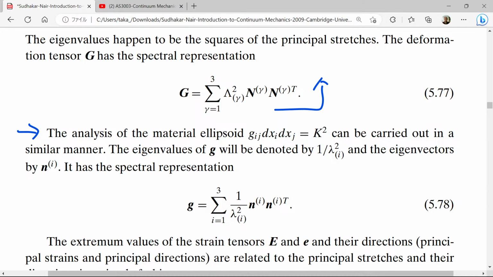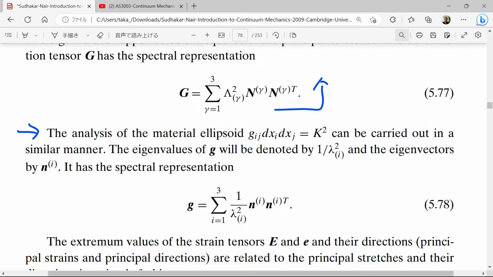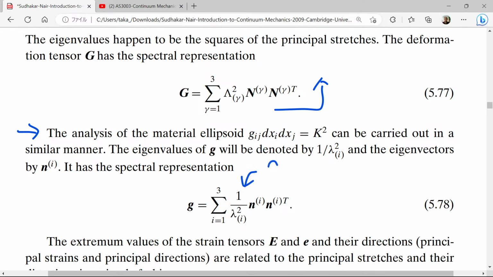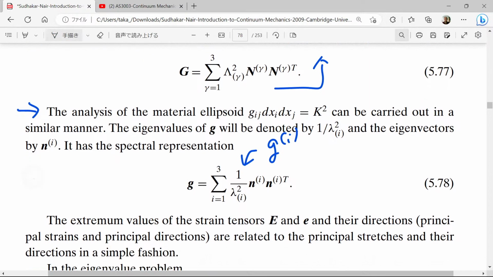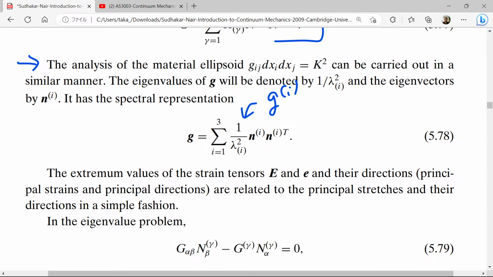In this case we should use i, j, k instead of alpha, beta, gamma. So anyway, this is the same thing as G, I. Then we have a spectral representation.